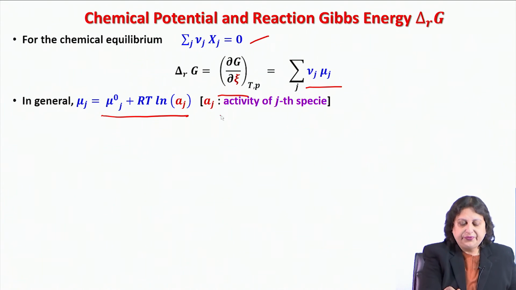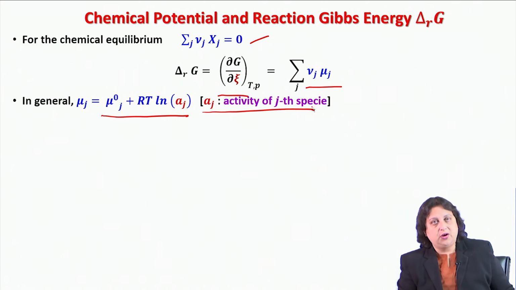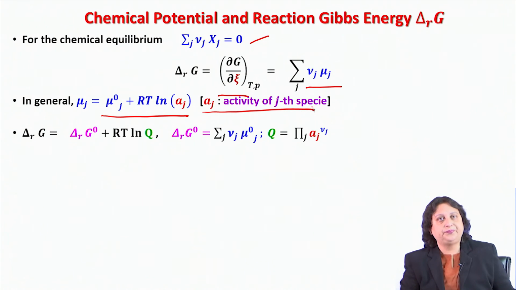So Aj contains information regarding the composition of the jth species in the reaction mixture, and I call it the activity of the jth species.